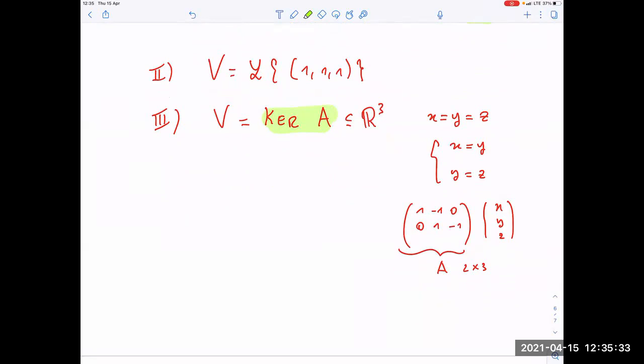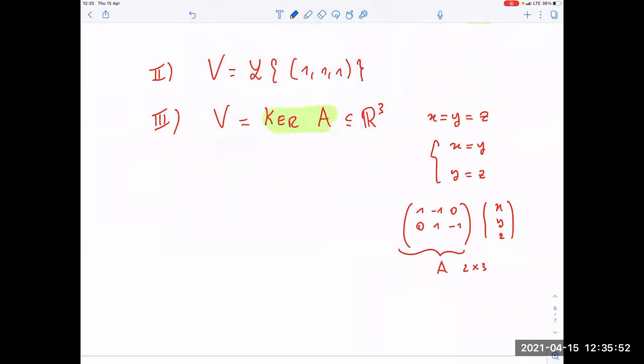That is, you get the fact that it is a subspace.